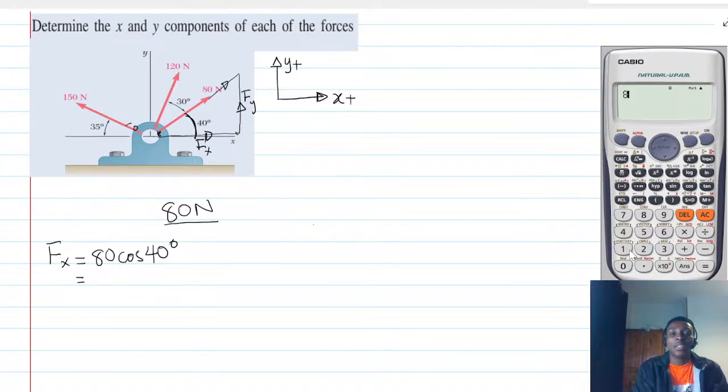So the x component is going to be 80 cosine 40 degrees. Is that right? And what is that? 61.28, right?